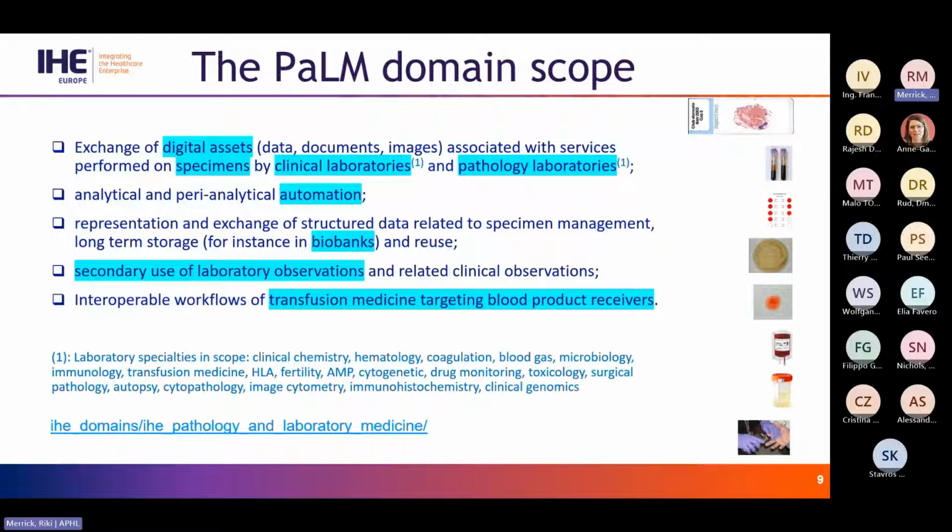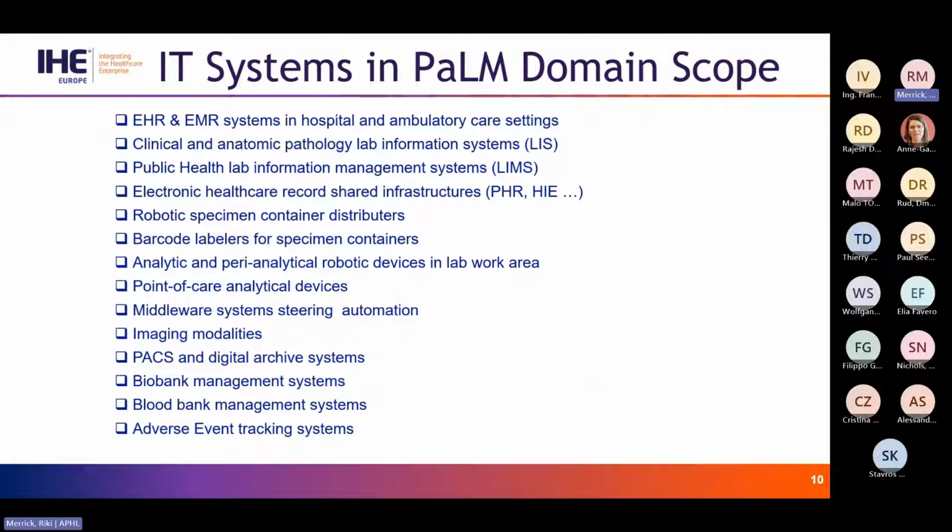It includes analytical and peri-analytical automation, the representation and exchange of structured data related to specimen management, for example, biobanks. It includes secondary use of laboratory observations and related clinical observations, and it's also touching transfusion medicine. So pretty broad scope. So these are all the different types of IT systems in the PaLM domain space.